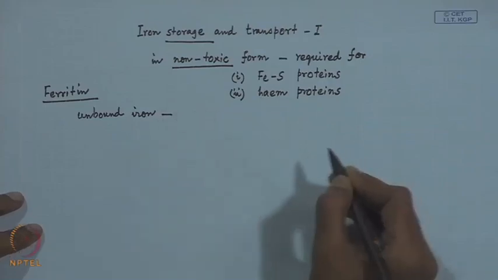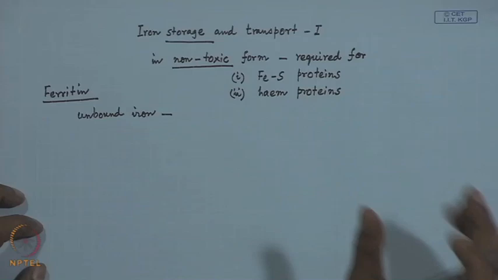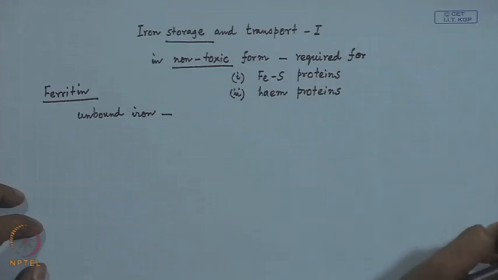What is that? Unbound iron means there is no chelating group binding your iron center, that is, the free iron we get in an aqueous, acidic or slightly basic solution.